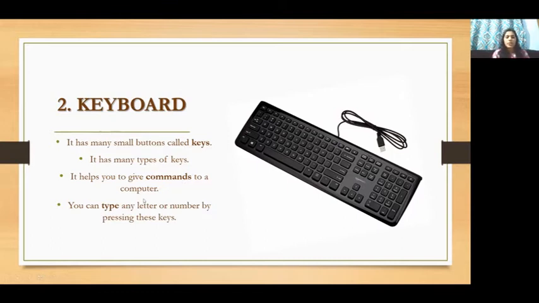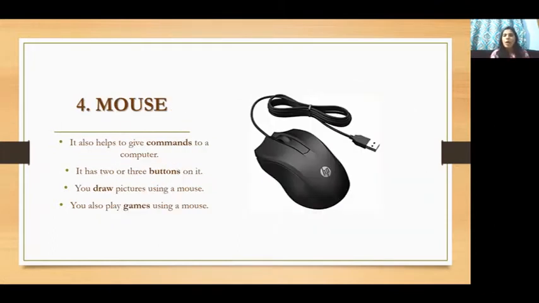Okay, so you can type any letter or number by pressing these keys. Shall we move on to the next part? That is the mouse. You saw the picture. With your palm, you can hold the mouse. This is the picture of a mouse. It also helps to give commands to a computer.